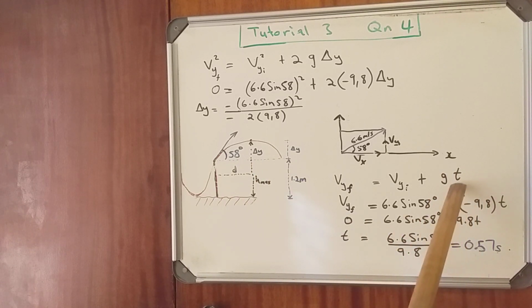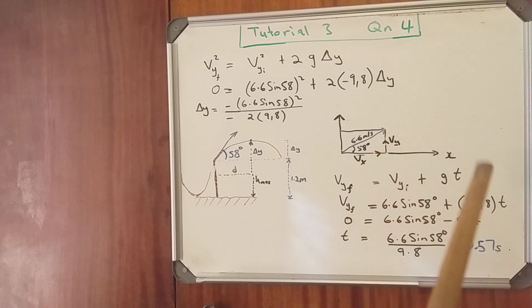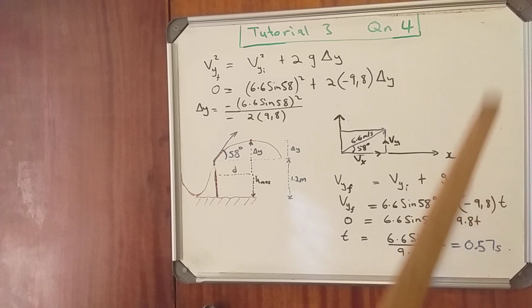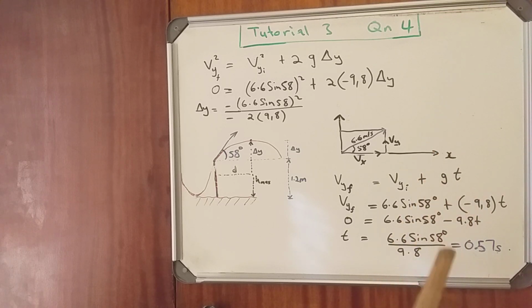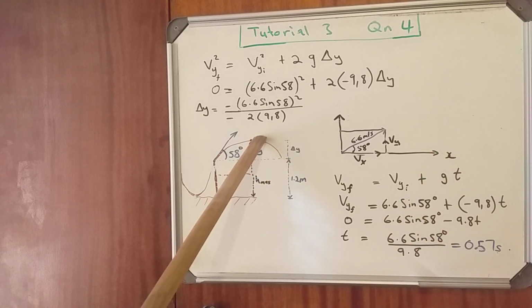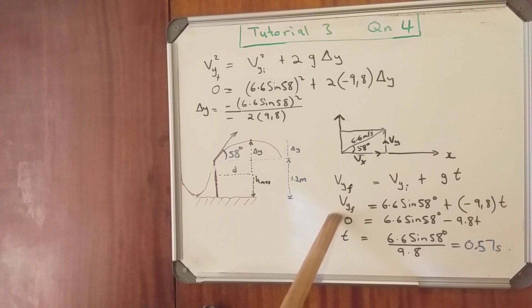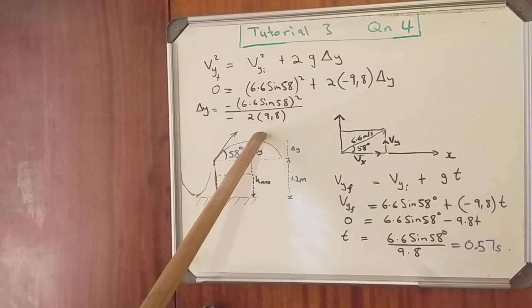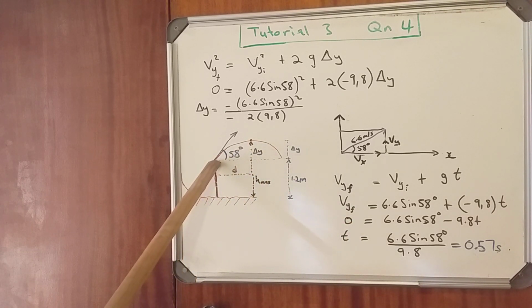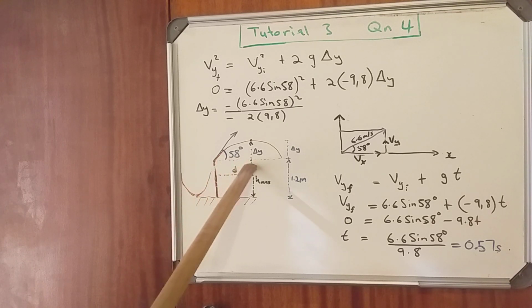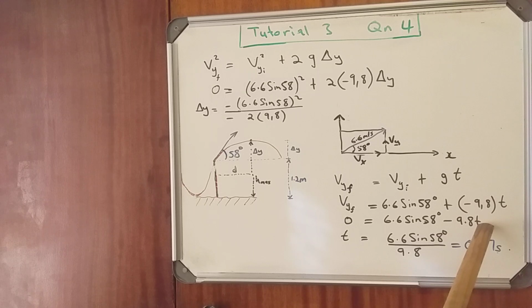Our g here is negative because we are taking up as positive. Gravity will always be pushing it down, the acceleration due to gravity. That's why the final velocity is 0 when it reaches the top. But after how long are we going to reach that point? That is what we want to look for, t.